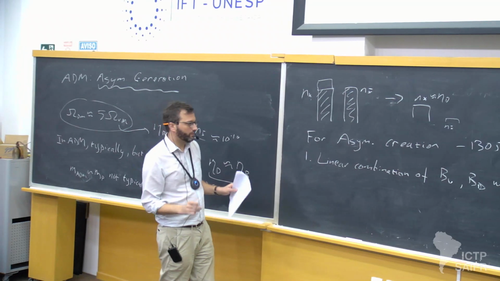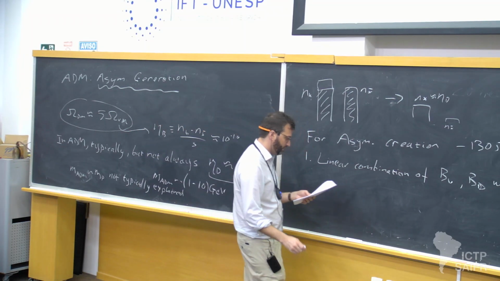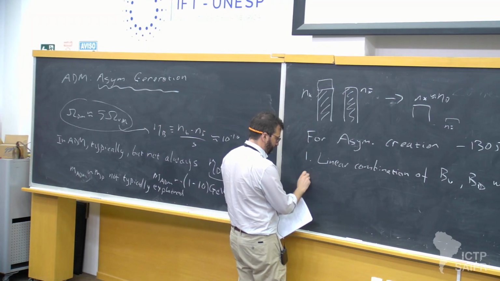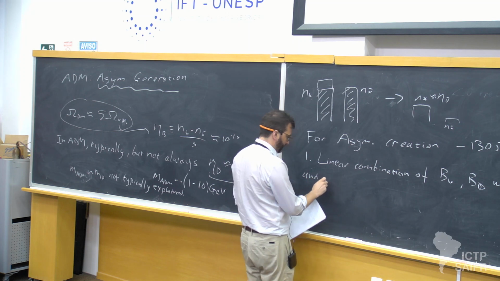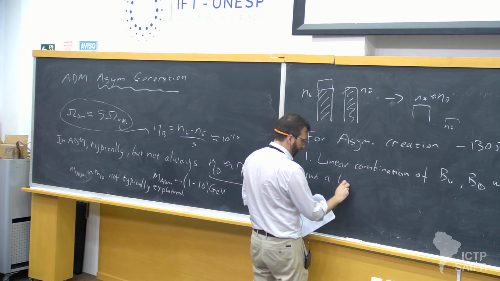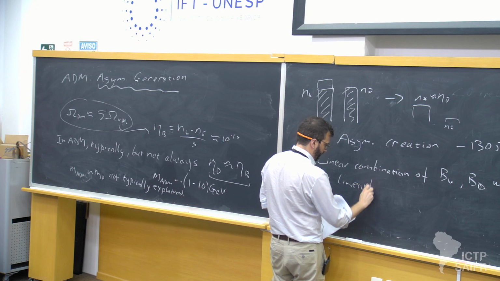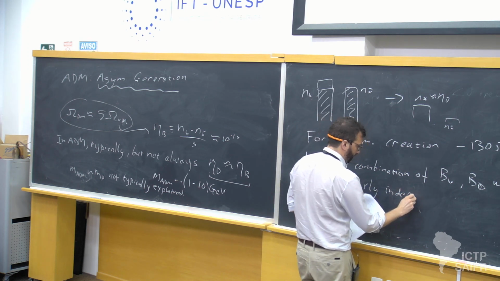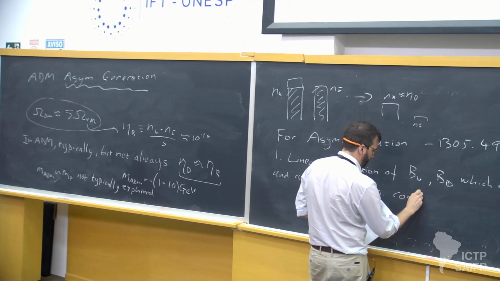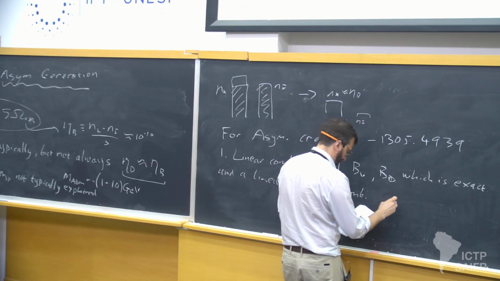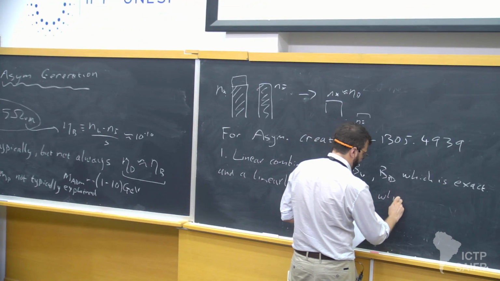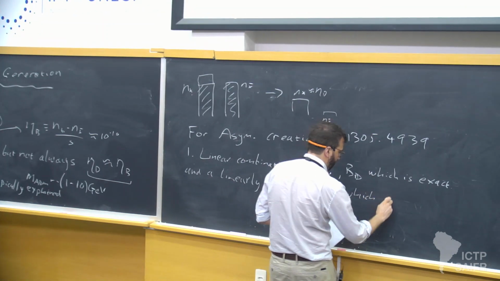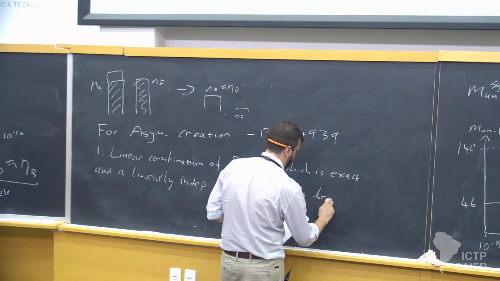So we have a linear combination which is exact, and a linearly independent combination which is broken.